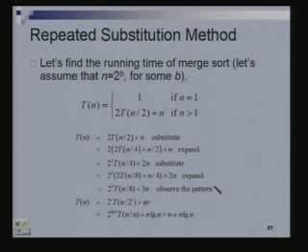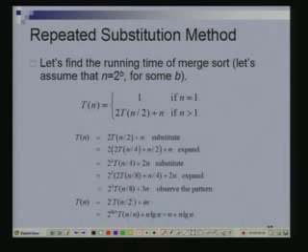Right. Now, suppose I had a C instead of this 1 here. What do you think would be the solution for this? Cn plus n log n? Why am I doing this?